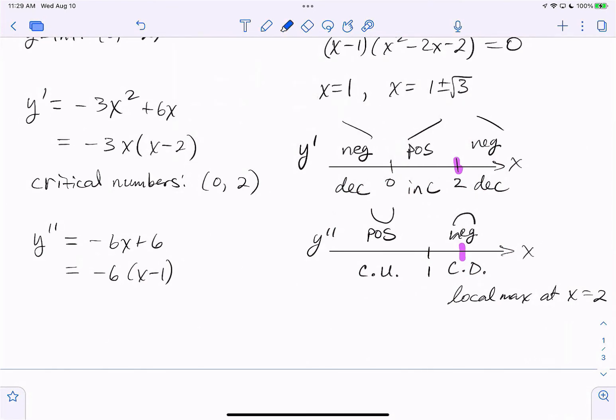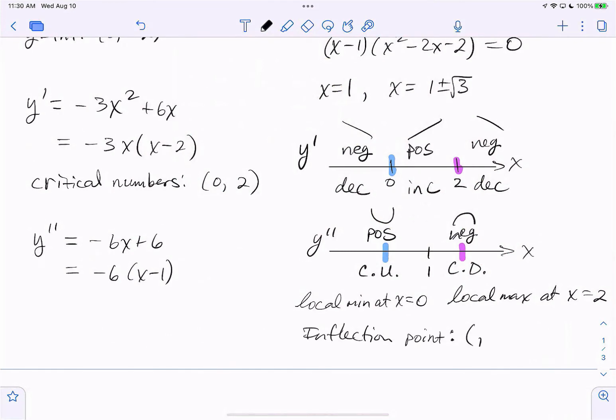Likewise, x equals 0 is in an interval that's concave up, and so we have a local minimum at x equals 0. Also, because concavity switches from up to down when x is 1, we have an inflection point at 1 comma, and we'll figure that out in a moment.